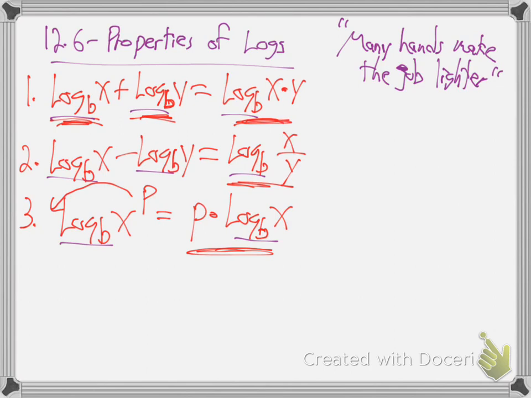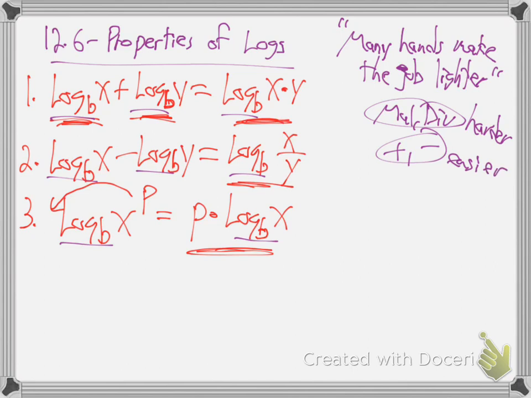If you think about the operations, multiplying and dividing are harder operations than just adding and subtracting, right? Multiplying and dividing are higher up, harder. These are the harder operations, and these are easier. It's easier to add, subtract. Multiply, divide, it's harder. So you have the harder job for 1 log.